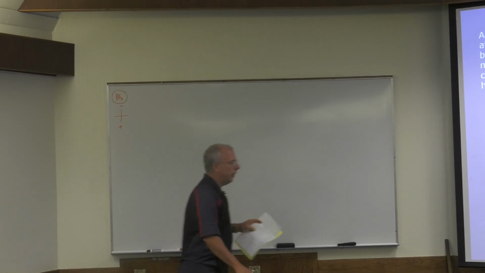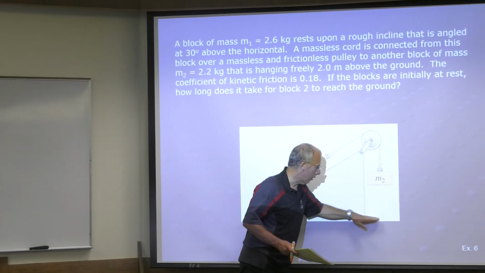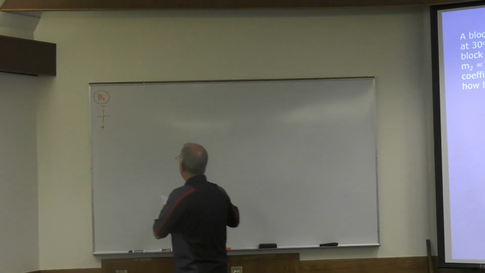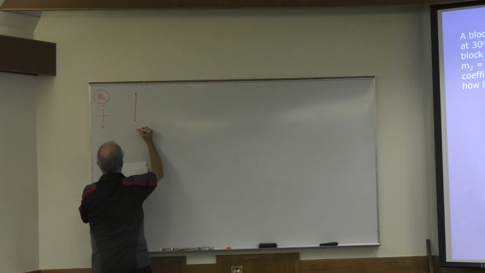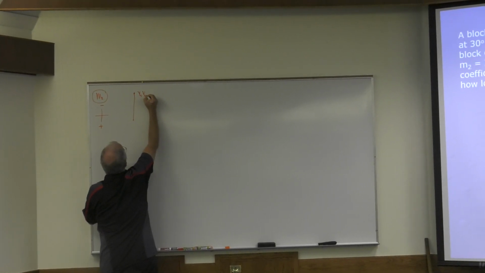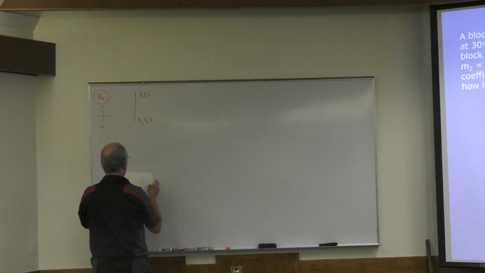So how many points do we need? It's at rest here, and then we want to see how long it takes to reach this point. So we just need 2 points. So y0, v0, t0, y1, v1, t1.